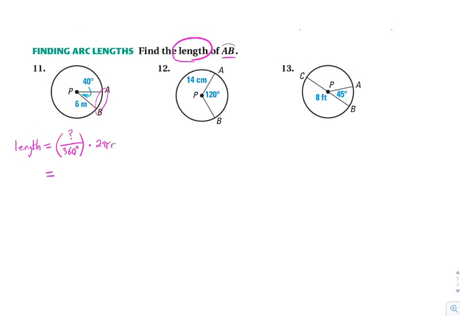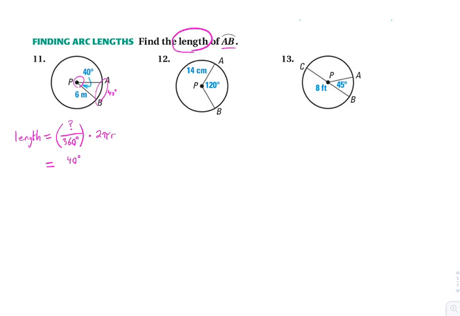Okay, so I've got a 40-degree arc measure, because the central angle is 40 degrees. So 40 degrees out of 360 degrees times 2 pi, and the radius is 6. So 40 over 360, if you reduce that, you end up getting 1/9. So I've got 1/9 of my circle times 12 pi.